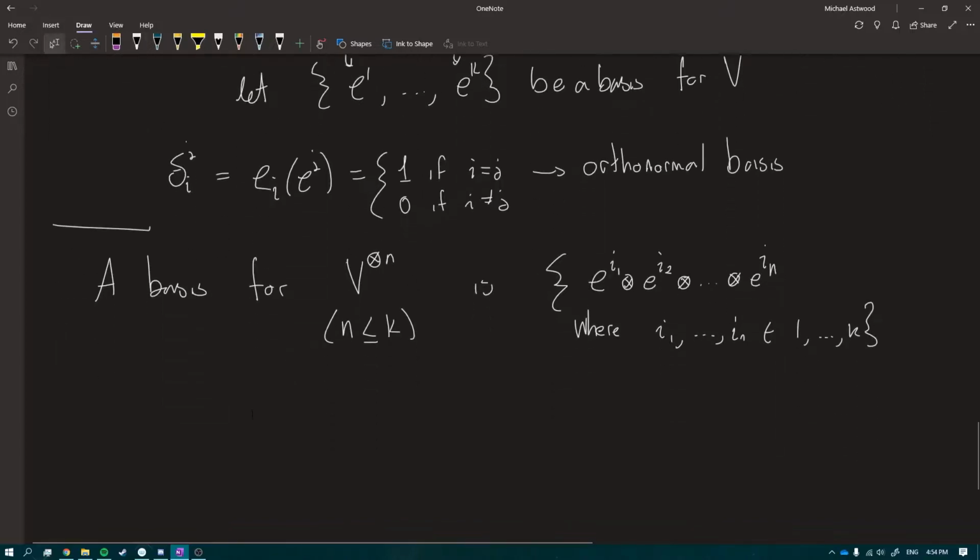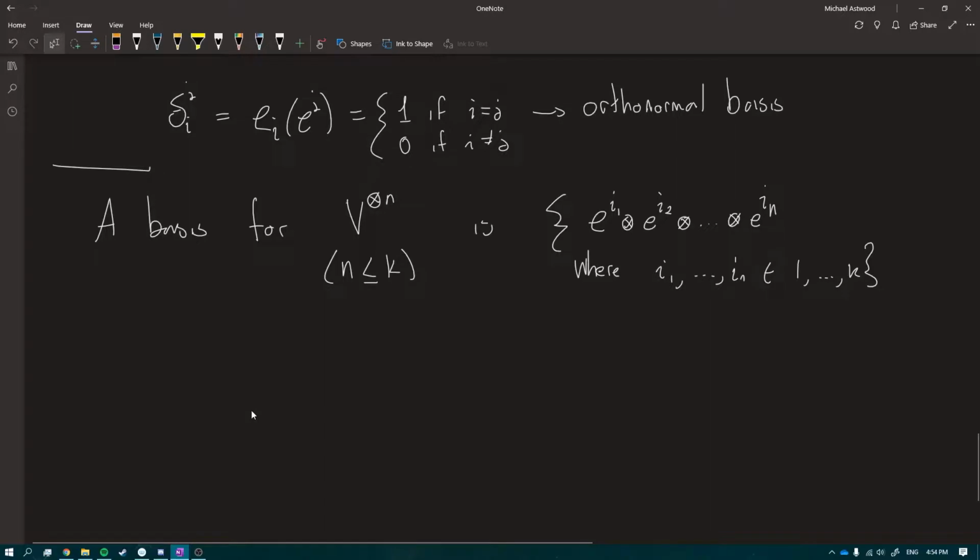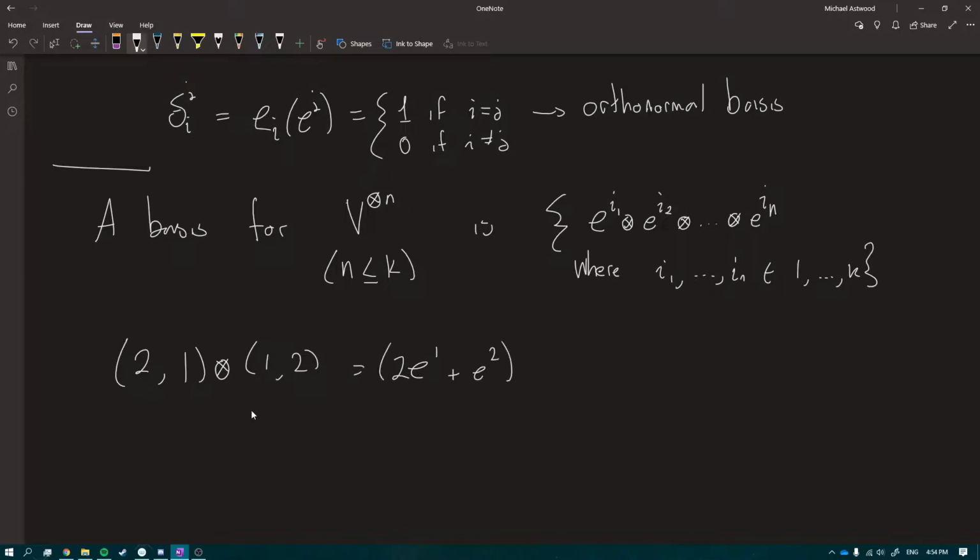So if you were to write out, for example, a tensor like (e2 + e1) tensored with (e1 + 2 e2), this is equal to, now the tensor product is distributive.